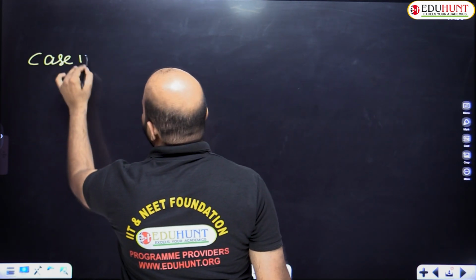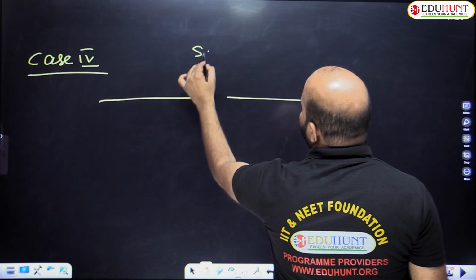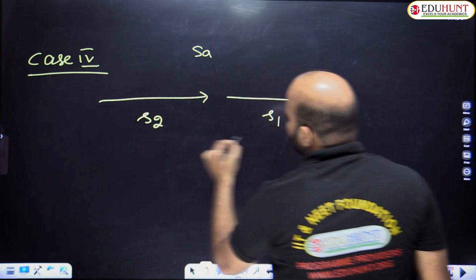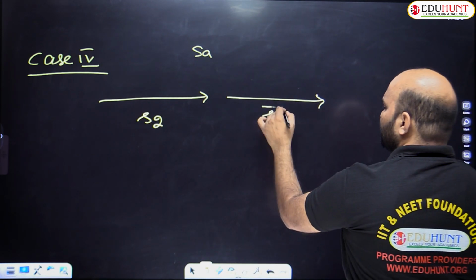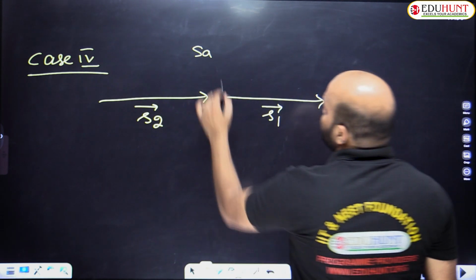Am I clear? So what about case 4? Two trains moving in the same direction. What am I given? T1 runs at the speed of S1 km per hour, T2 runs at the rate of S2 km per hour, in the same direction.